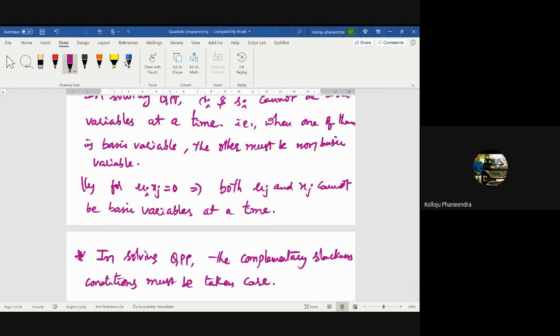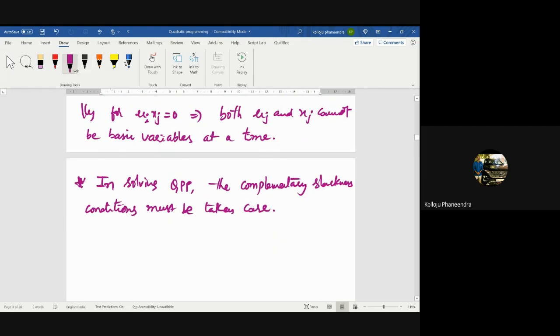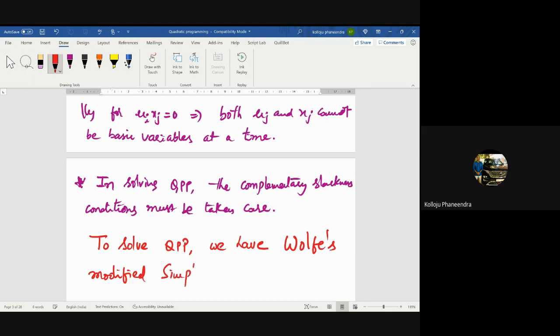Now, to solve a QPP, the original method is to solve the Kuhn-Tucker conditions, which are over now. To solve a QPP, we have Wolfe's modified simplex method, simply called Wolfe's method.